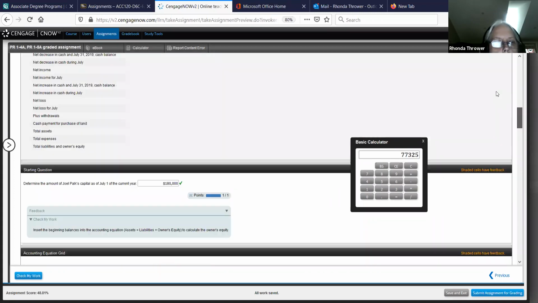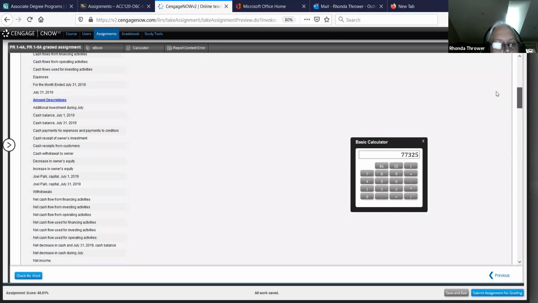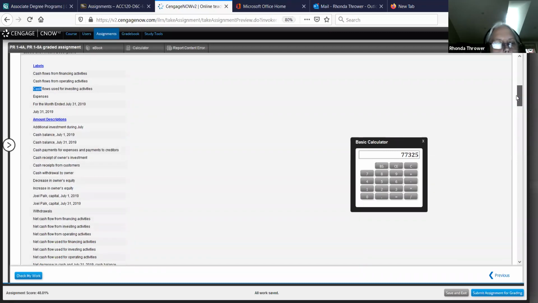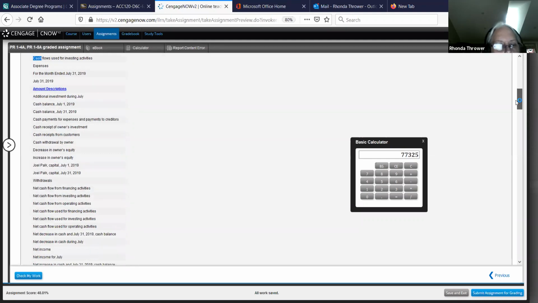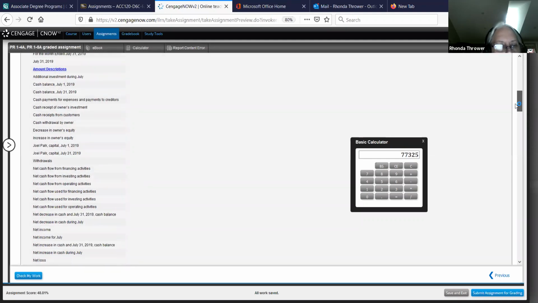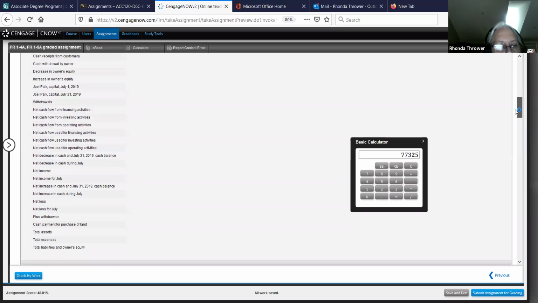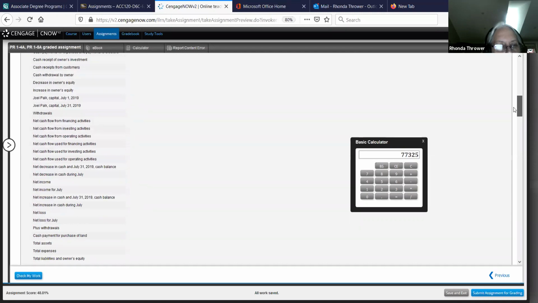We're going to pick up our label. And this would be cash flow. Oops, not that. That's not right. We're going to have to pick up our label and it's going to say investing activities, something like that.